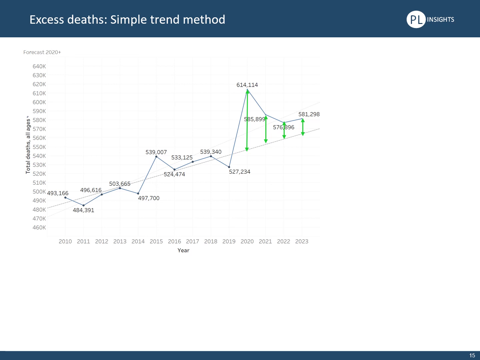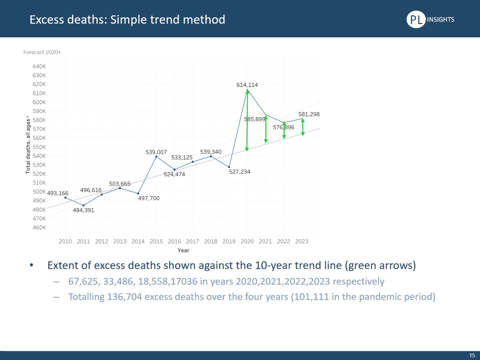You can see my dark grey line, which was my linear regression trend line, has been extended for the same period, and the green arrows indicate the difference between what my trend line says should have occurred in terms of numbers of deaths and those that actually occurred, shown by the blue line.